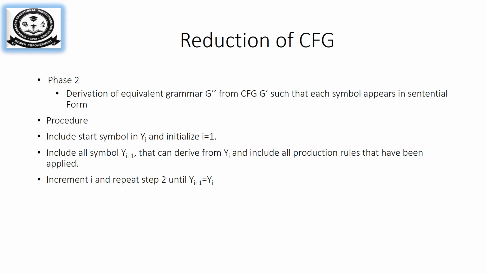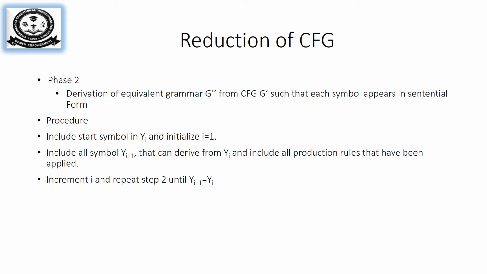What is phase 2? With the grammar derived from phase 1, we try to derive an equivalent grammar G double dash from G dash, so that G double dash contains only the symbols that appear in a sentential form. For this, you start your set with the start symbol S, and that will be your Y1.